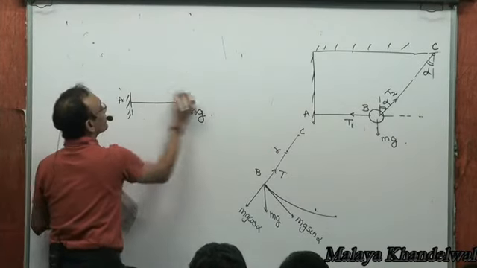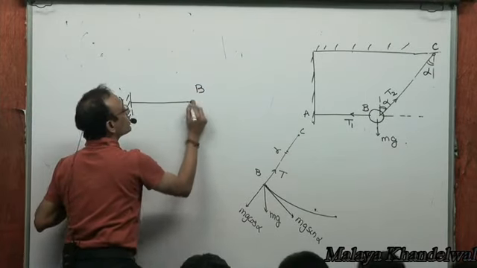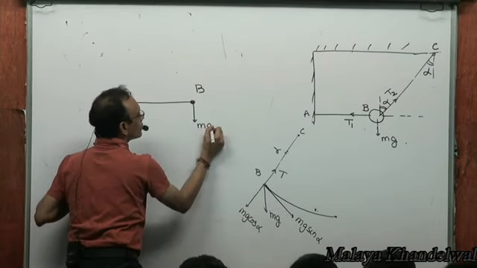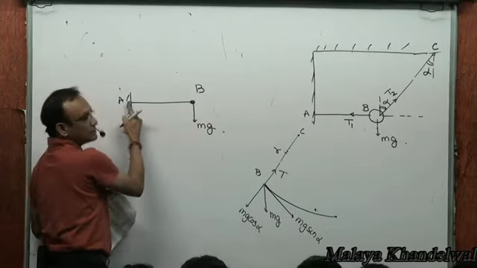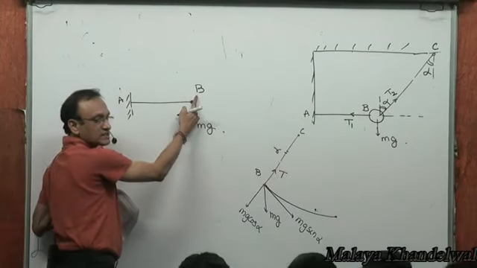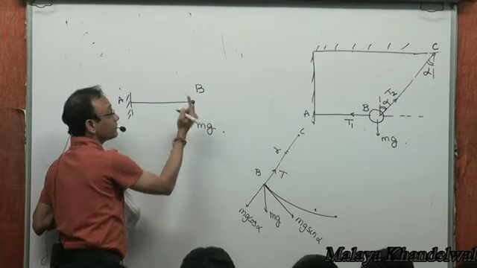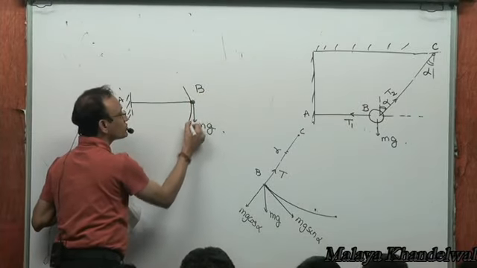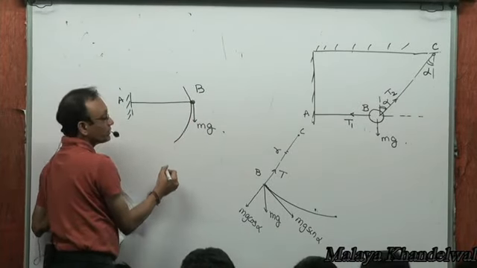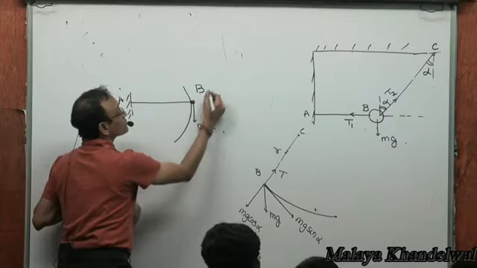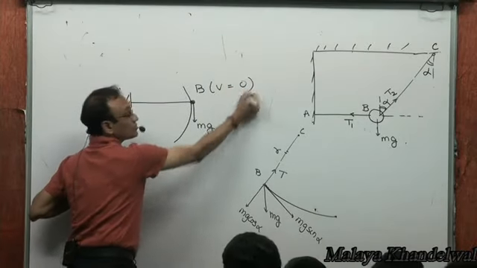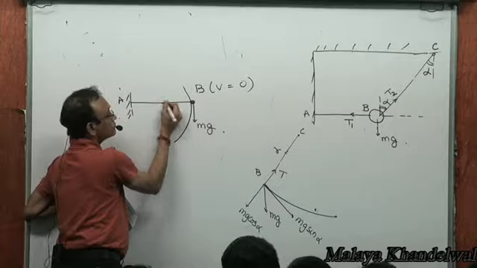This is AB. Now what would happen to the mass M? It will move in a circle centered at A and radius AB. That would be the trajectory of B. Now at this juncture, what's the velocity of B? 0.